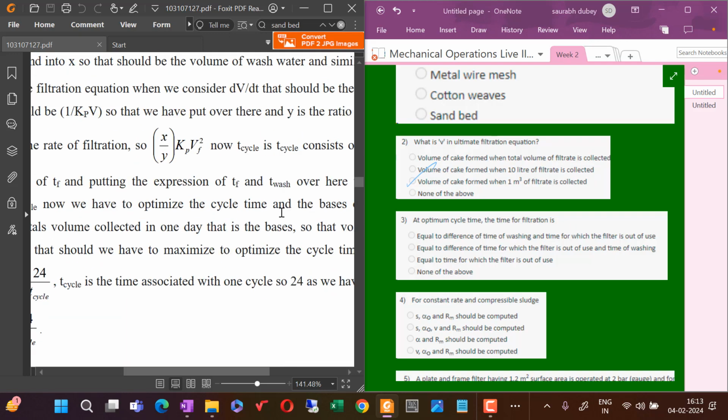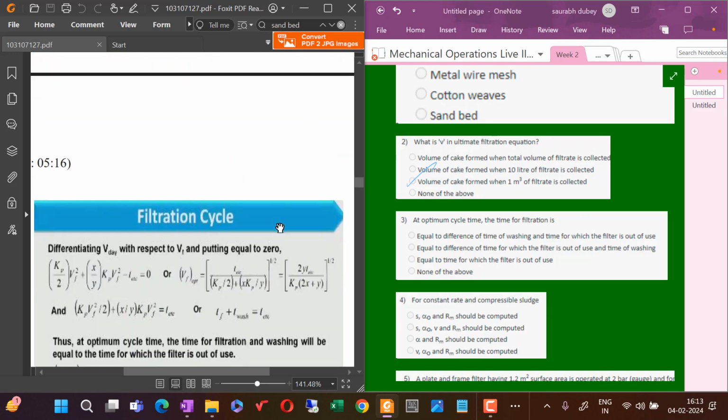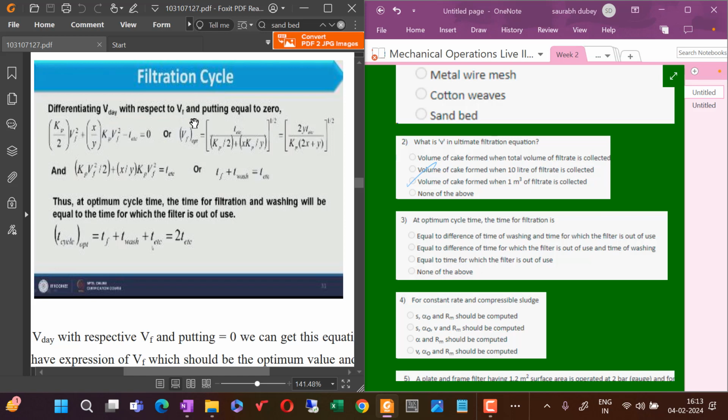So when you differentiate it with respect to the filter rate VF, the critical filter volume at which V day will be optimum, or maximum, has been calculated, and you got this value.